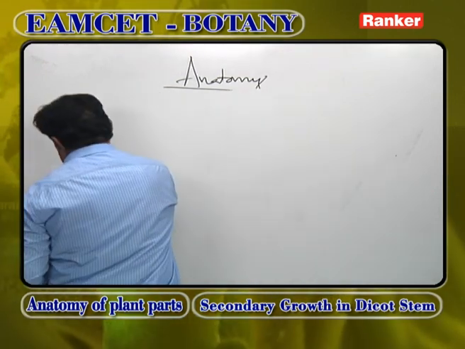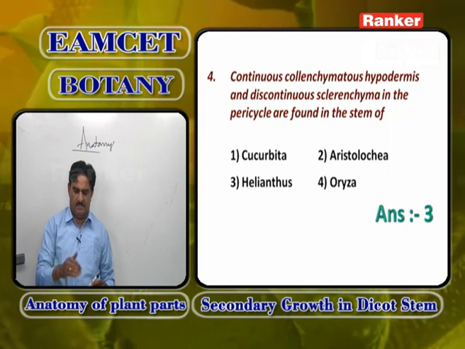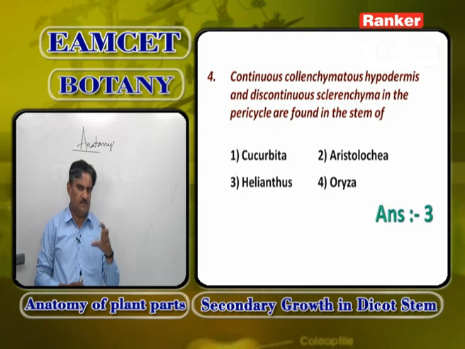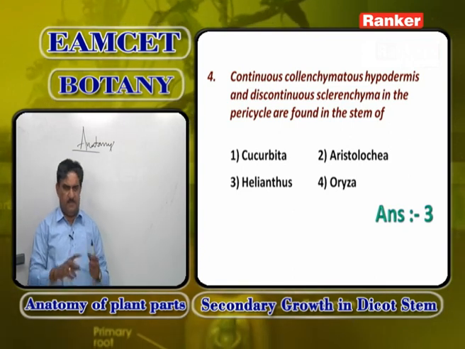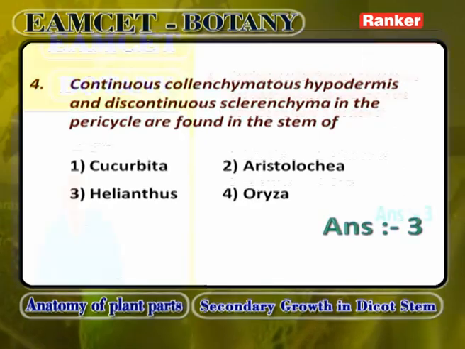Here the question is: continuous collenchymatous hypodermis and discontinuous sclerenchymatous pericycle are found in the stem of Helianthus. Cucurbita, Aristolochia and Oryza are just to confuse, but Cucurbita is opposite. Continuous collenchymatous hypodermis will not be there; patches will be there, and pericycle is a continuous ring. So the answer is Helianthus, sunflower.